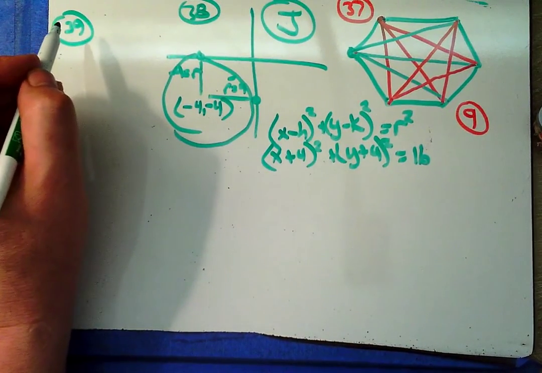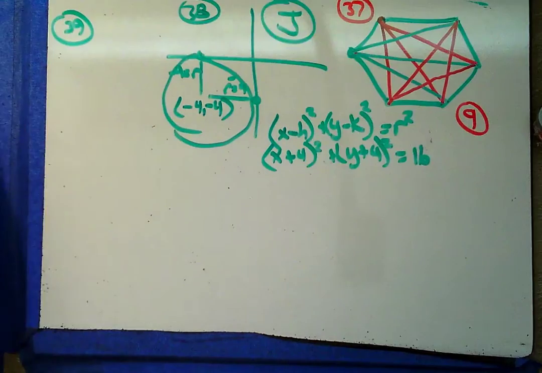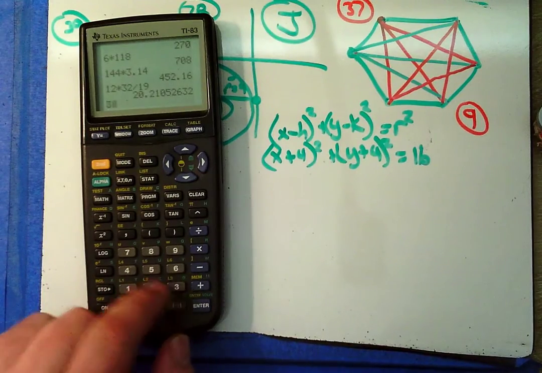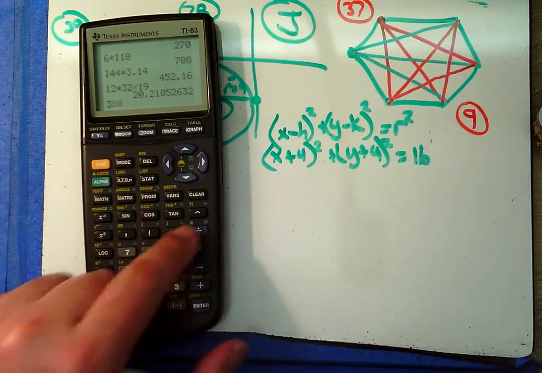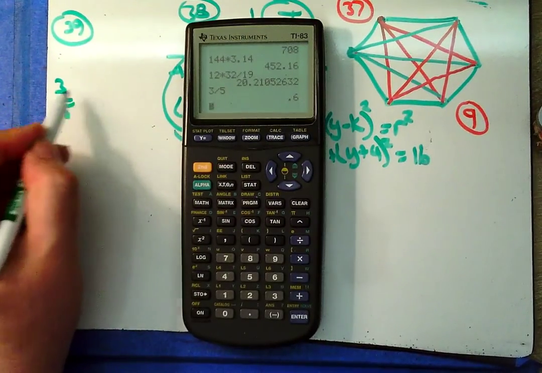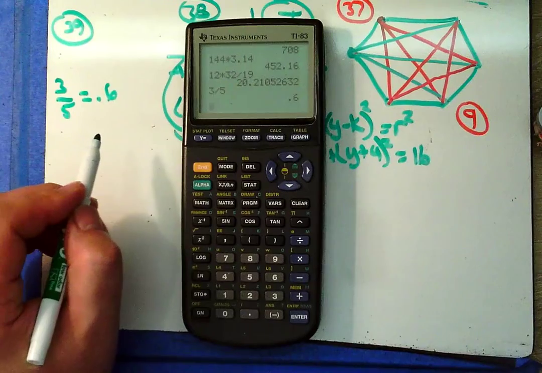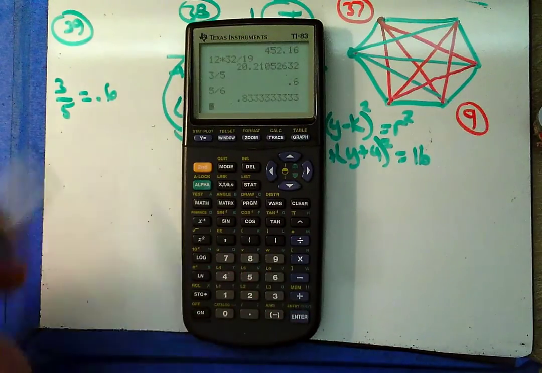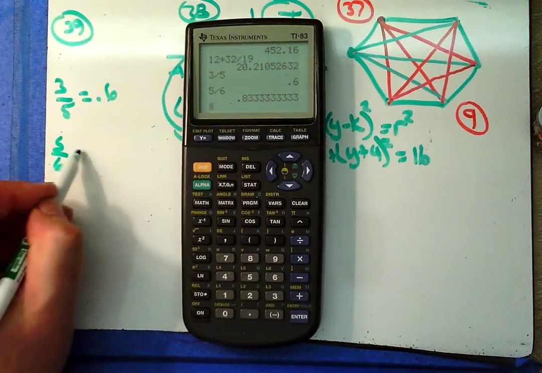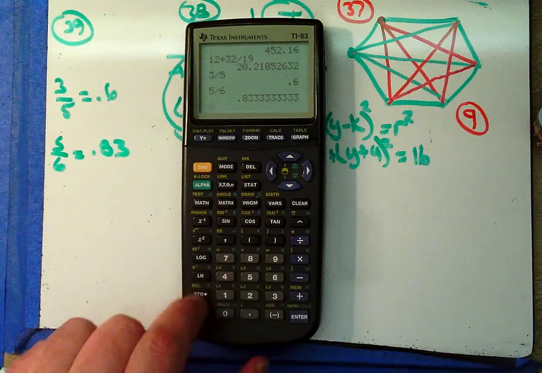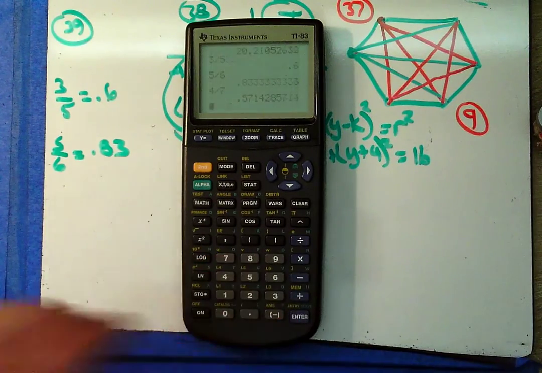39 says put these in order. Well, I'm not so comfortable with this as I was in middle school, and I want to figure out that 3/5 is 0.6, and then I need 5/6. 5/6 is 0.83, and I need 4/7.